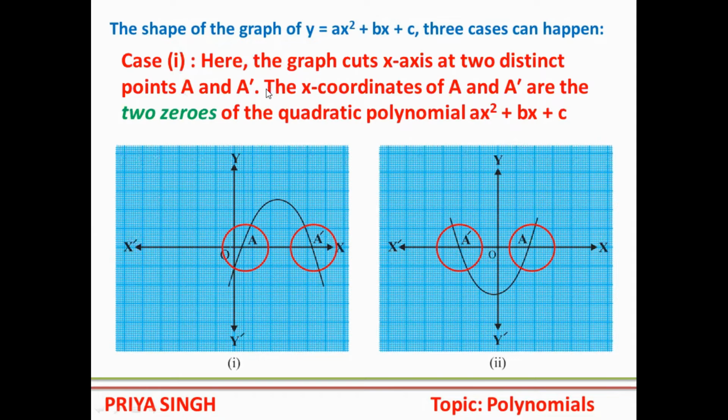Therefore the x coordinates of A and A dash are the 2 zeros of the quadratic polynomial ax square plus bx plus c. Means the x coordinate of A will be 1 zero and the x coordinate of A dash will be the other zero. So this is my first case where I get 2 zeros.